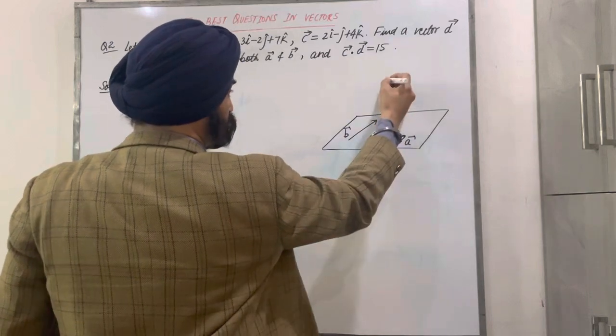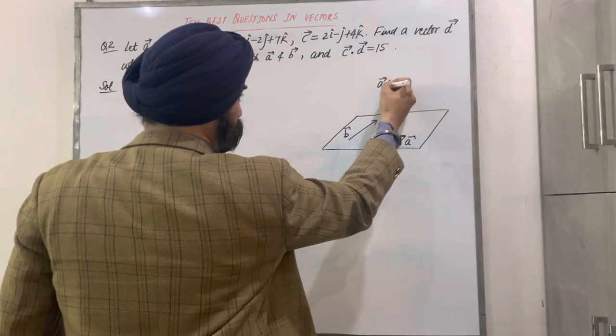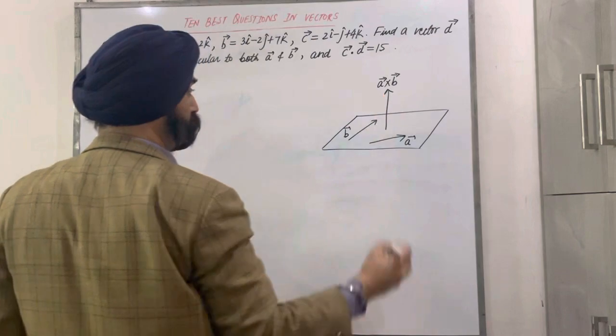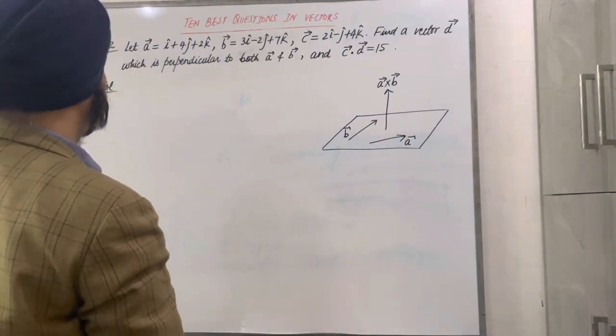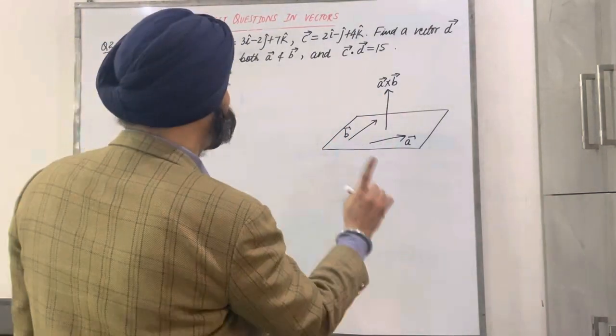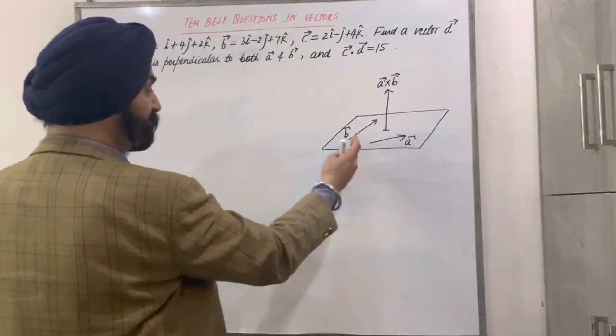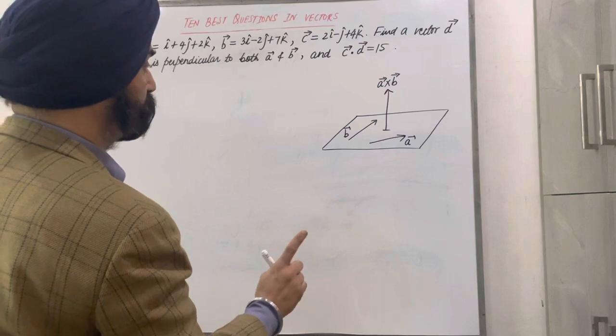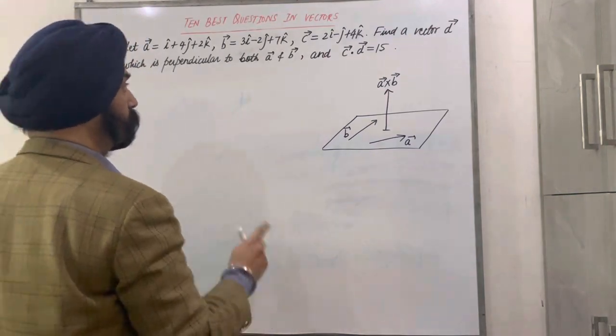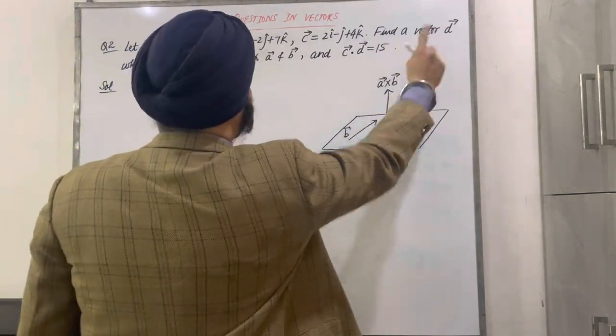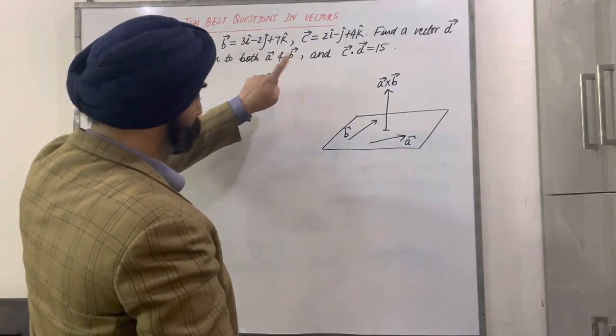This is the direction of vector A cross vector B. Now, cross product of two vectors always points in a direction which is perpendicular to the plane containing A and B. This should be remembered. This is a very, very important concept.